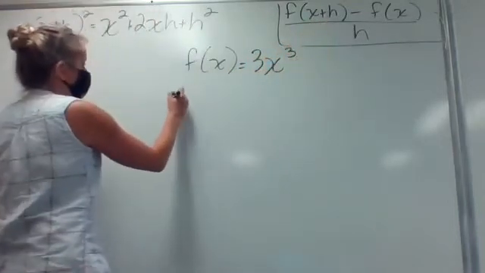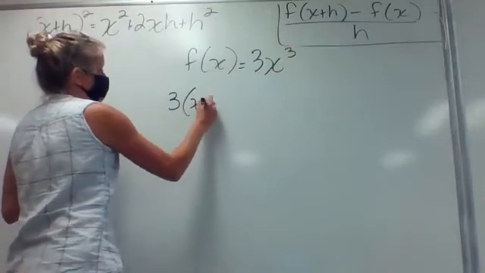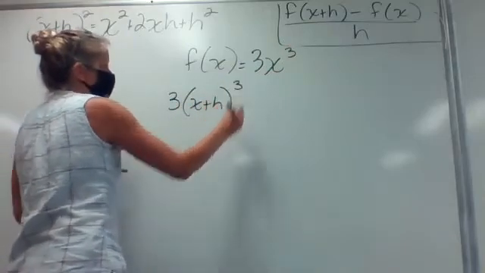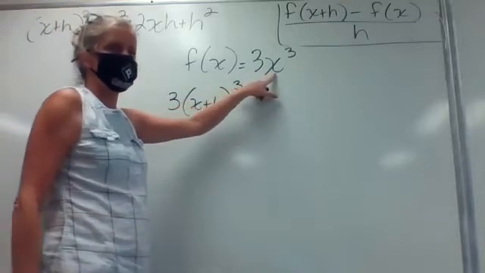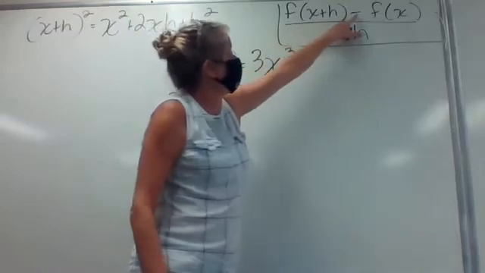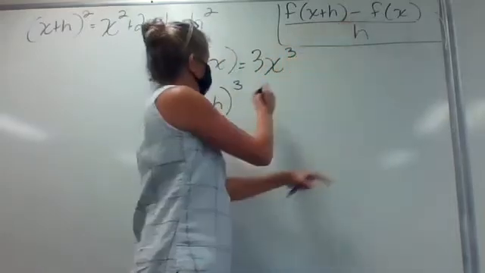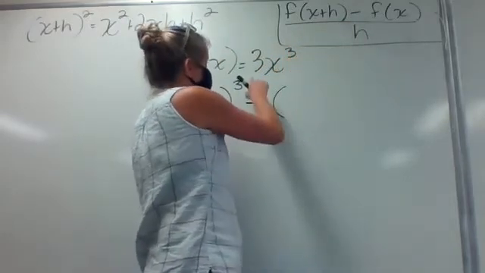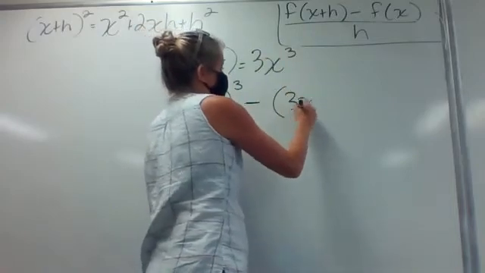If I do that, I have 3 times x plus h to the third. It doesn't seem bad yet. So I'm taking care of that. Now minus the function, which is 3x to the third.